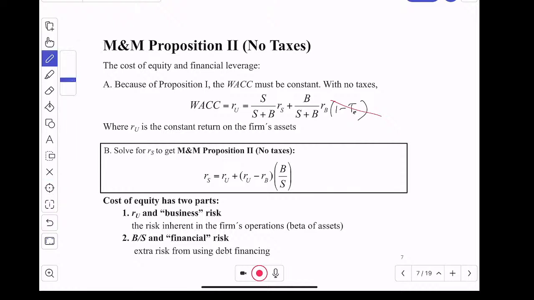So remember the players, right? Let me just go through this again. We have the bondholder. I'm going to write it. That's our B to the bondholder, our S to the stockholder.